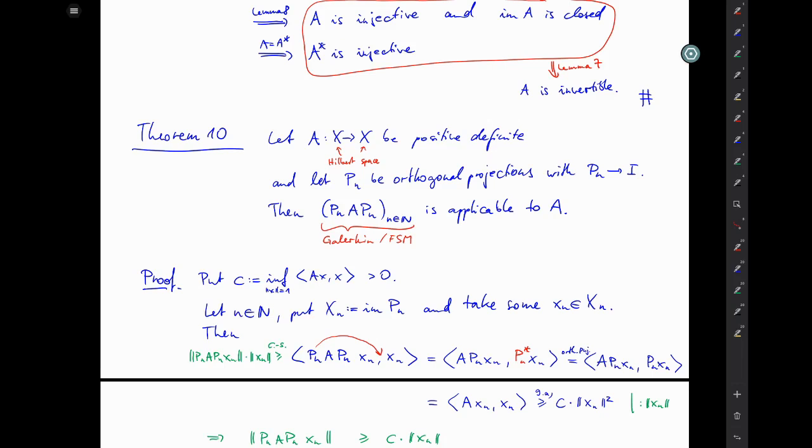Now here's the first theorem in this direction, because this is a positive answer for a certain class of operators, which are the positive definite operators. And the class of approximation methods that is covered is, well, it at least contains the finite section method and therefore all versions of Galerkin's method.